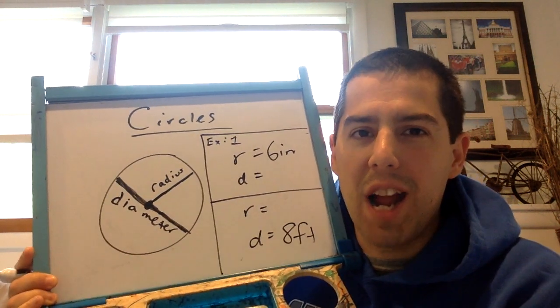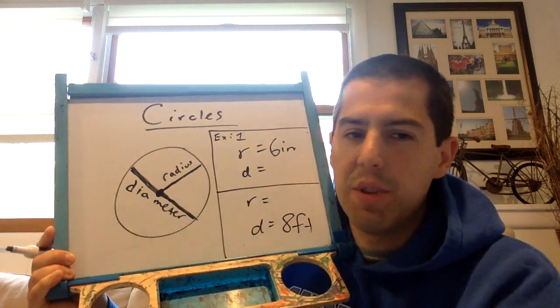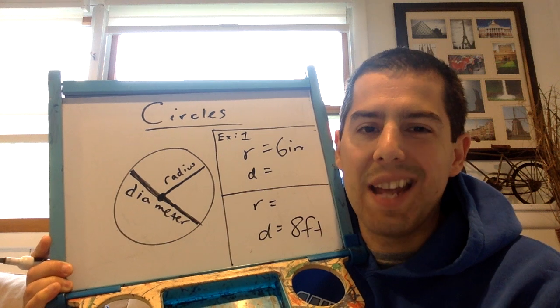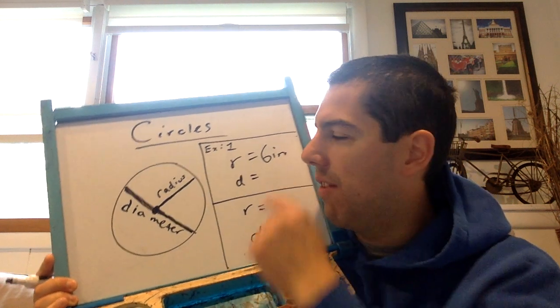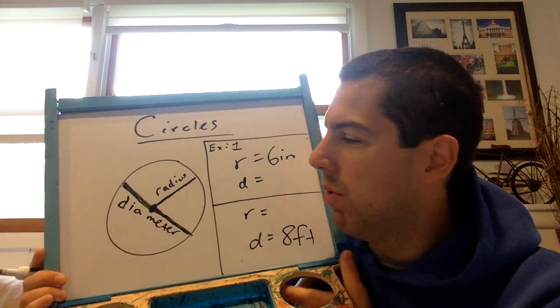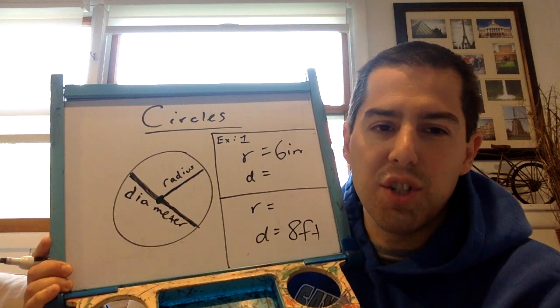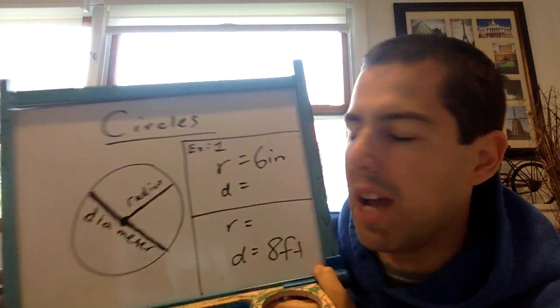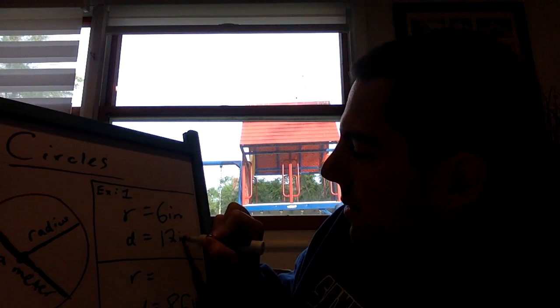The diameter, however, goes all the way across the circle through the center. So the diameter is twice the length of the radius. So if I knew that the radius was 6 inches, the diameter would be 6 inches plus 6 inches, or 6 inches times 2, so the diameter would be 12 inches.